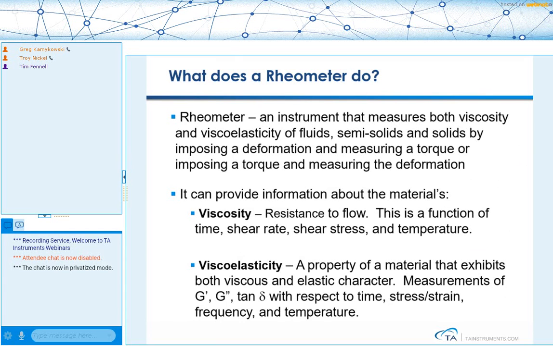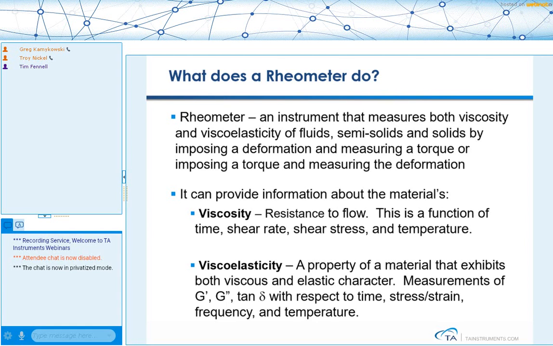So how does a rheometer work? The rheometer measures the viscosity and viscoelasticity of fluids, semi-solids and solids by imposing deformation and measuring the torque, or vice versa. This is how a rotational rheometer works. The things that we measure are the viscosity of a fluid, which is the resistance to flow, and that's a function of time, shear rate, shear stress, and temperature.